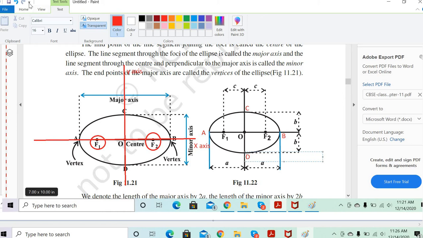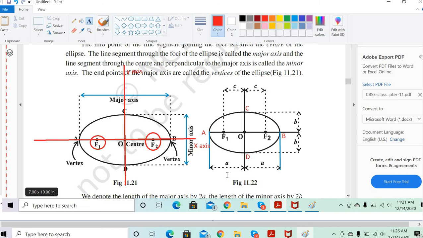Now we'll give the names. Let's say the distance of the vertex A from the center is a. Then the distance AO and OB will be equal to a. So the total distance AB will be 2a, isn't it?